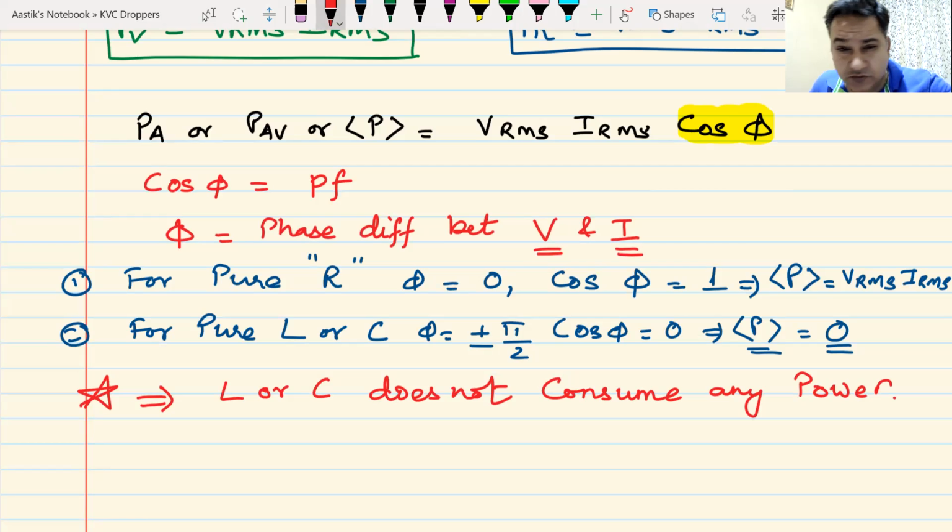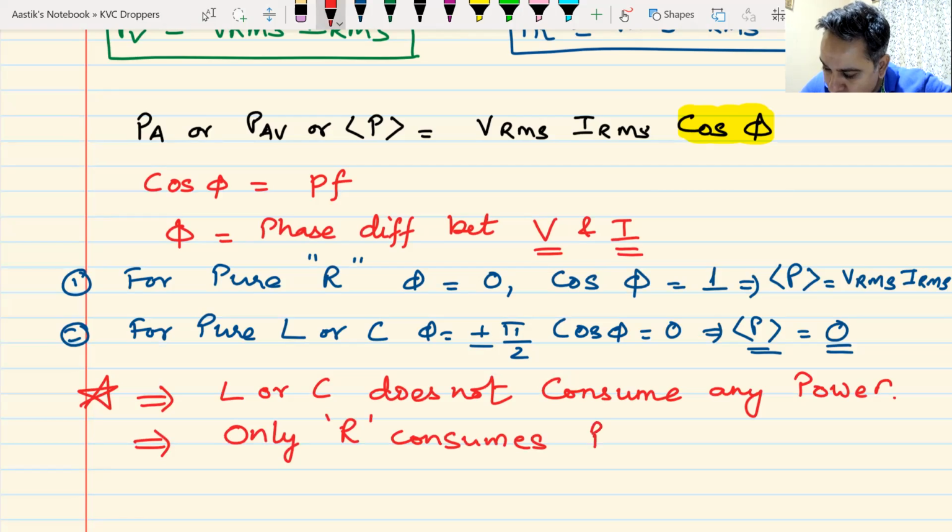Power is not consumed by L or C. Then who consumes power? Only resistance R consumes power. You should not forget this ever. In an AC circuit, only a resistor consumes power.